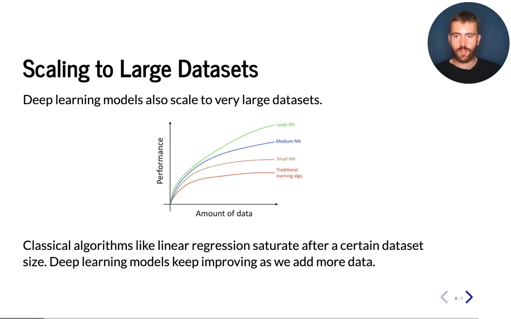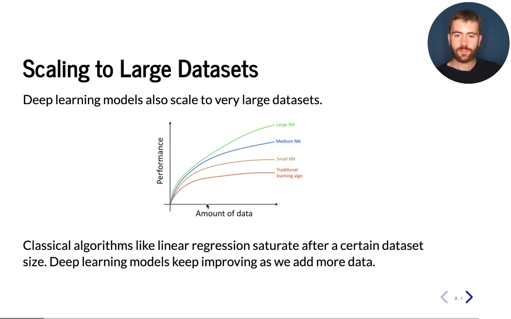Now, I mentioned earlier that deep neural networks can achieve really good performance, and part of the reason why they can do that is because they can make use of data very efficiently. In other words, consider the performance of an algorithm as a function of the amount of data that it receives.